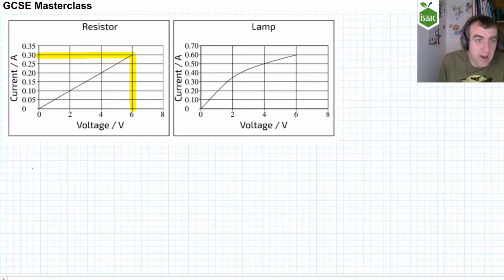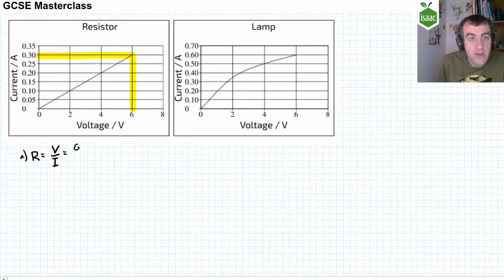And so this is for part A. We're asked for the resistance. We know that resistance is going to be equal to the potential difference divided by the current, which is 6 divided by 0.3. You can use your calculator if you need to, or if you're pretty sophisticated at maths, you can work it out yourself. I'll use a calculator. That's 20 ohms.